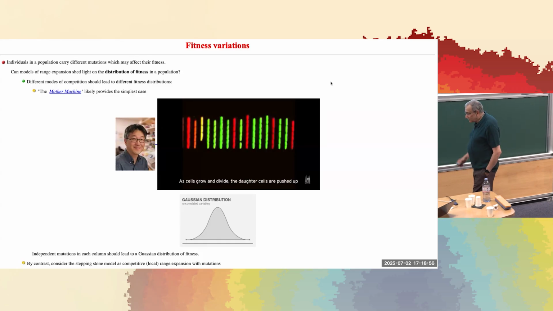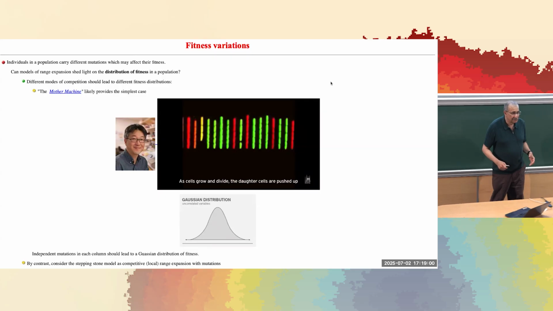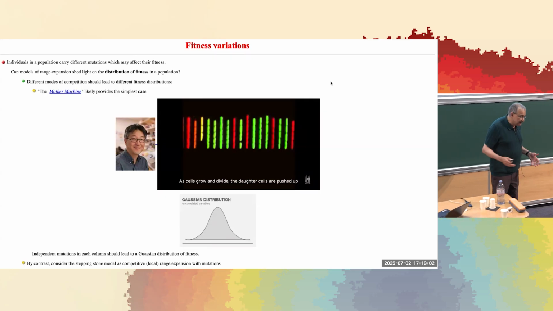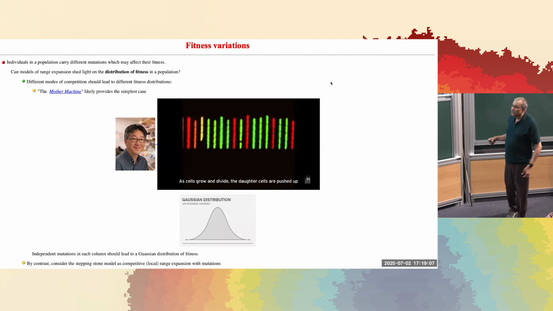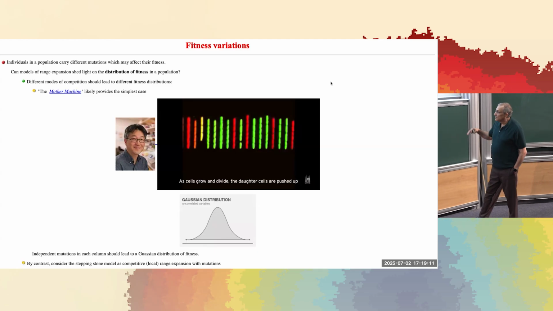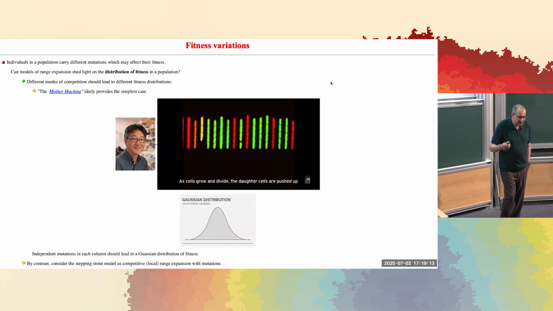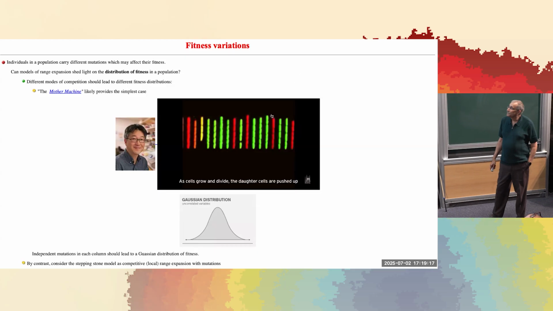So let me ask the question: if I have a bunch of individuals like us, we are not genetically identical because we have accumulated different sets of mutations, and maybe because of that there are variations in various properties such as fitness. So what is the distribution?